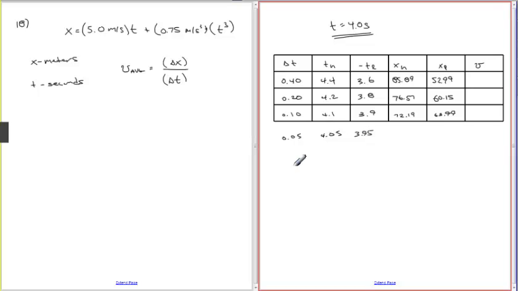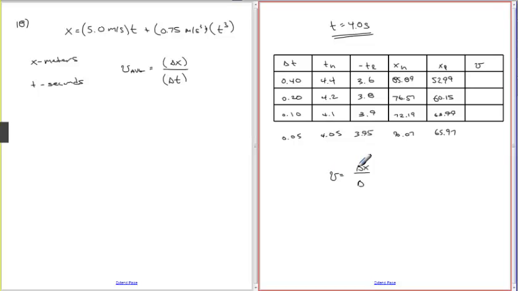Here, at 4.05, I get 70.07. And at 3.95, I get 65.97.